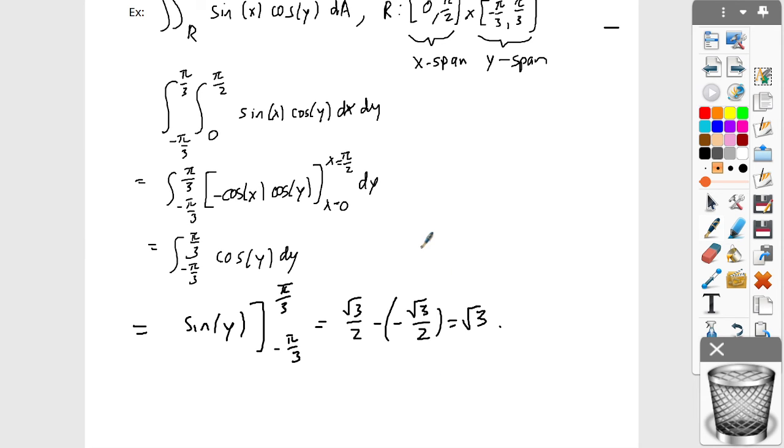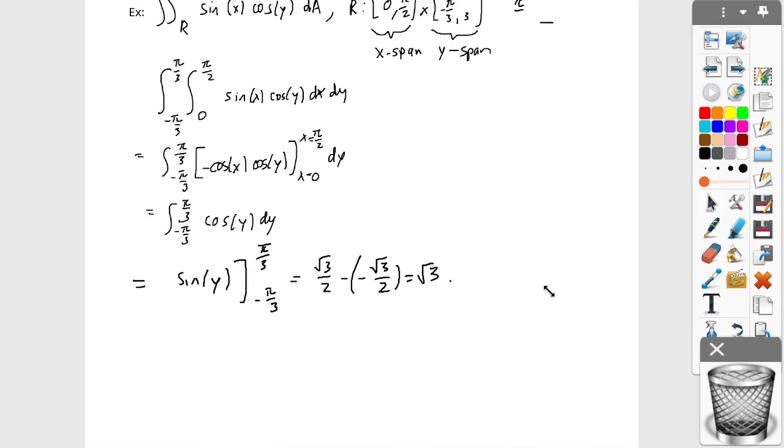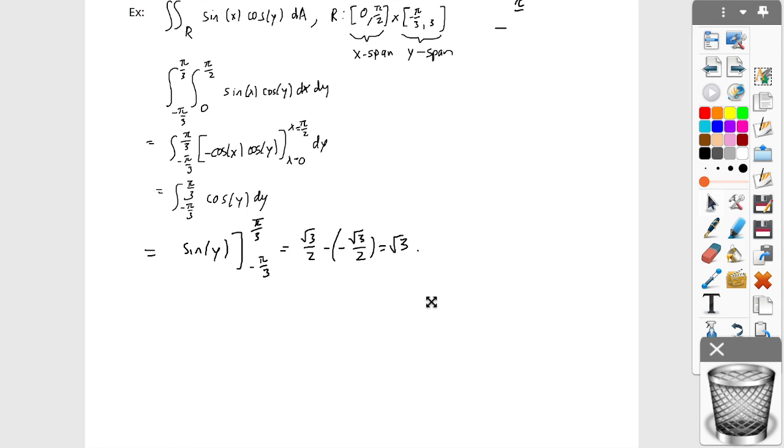Now, how could we have done this differently? We could have done this by another theorem. But I don't like saying that it's a theorem. It's not really a theorem. It's just a really useful insight.